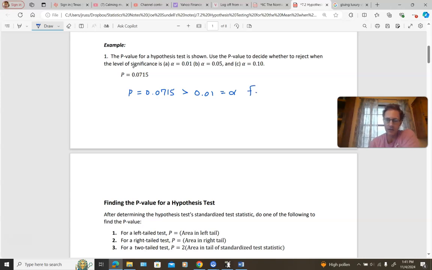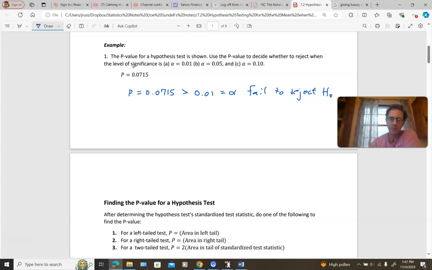So we would fail to reject H naught, or our null hypothesis. In other words, really what we're doing here, guys, is we're saying, okay, well, that statistic from our sample is not far enough away from our hypothesized mean, okay, for us to reject the hypothesized mean.